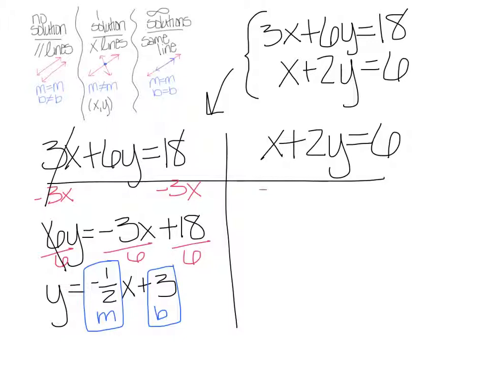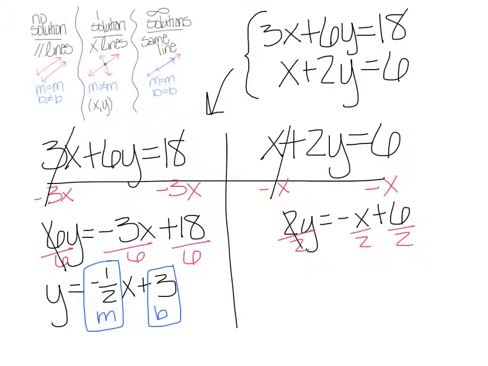So over here we'll start by subtracting x from both sides, giving us 2y equals negative x plus 6. Divide every term by the coefficient. So y equals a negative 1/2 x plus 3.